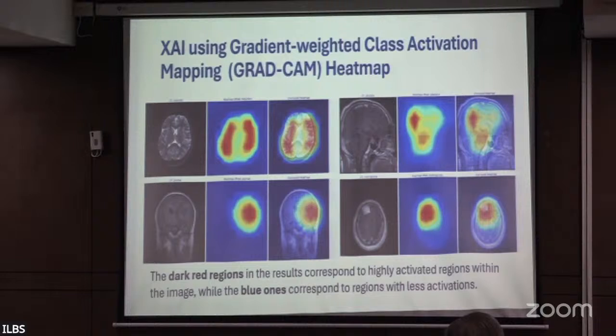These are all different types of brain tumors and brain pathologies, glioblastoma or meningioma, all different areas. With the radiological image, the radiologist can better understand where the problem is, and the heat map is actually showing the exact area.